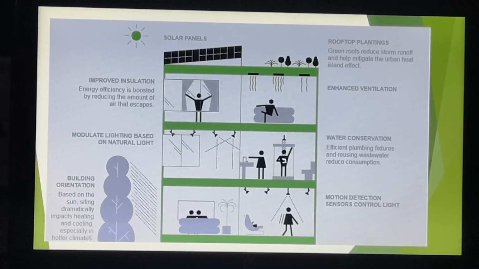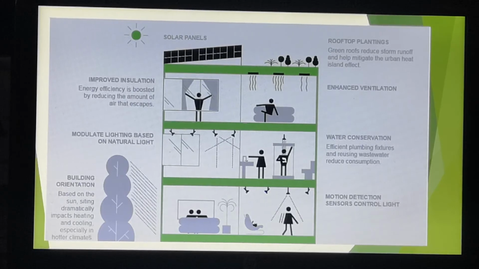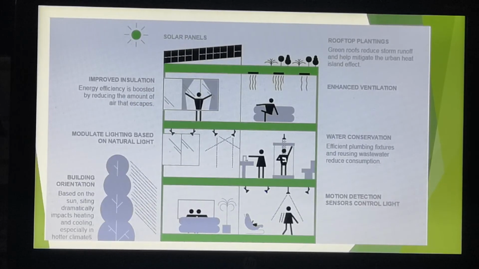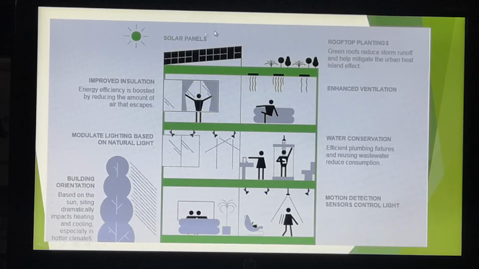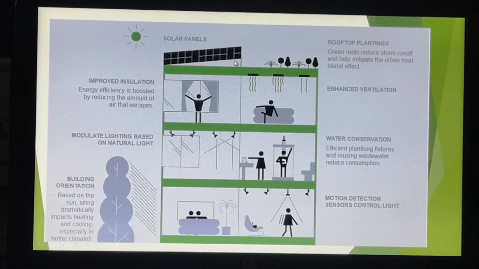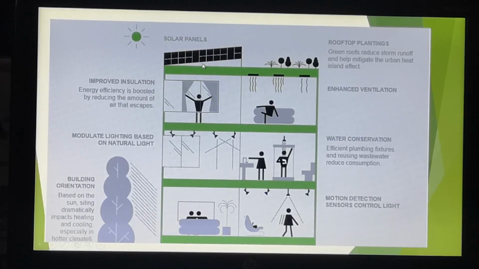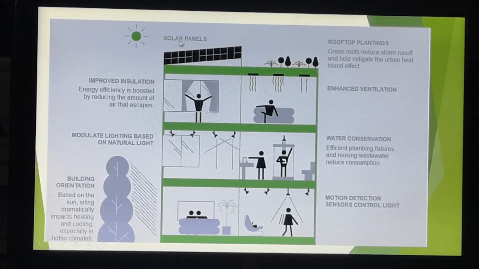I have an illustration for you for your ease of understanding of the concept and also what you want to know about the green building. So you see the infographic here. This is the top of the building. What do we use for the top of the building? We use solar panels.